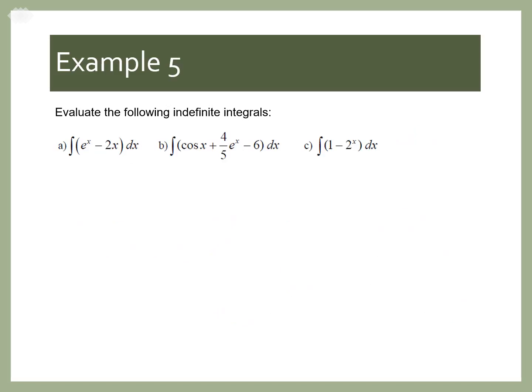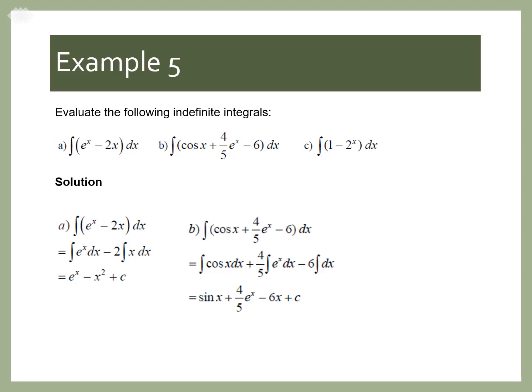Proceed with example 5. Evaluate the following indefinite integrals. For a, integrate e^x is e^x, and integrate negative 2x is negative x squared, then plus c. For b, integrate cos x is sin x.